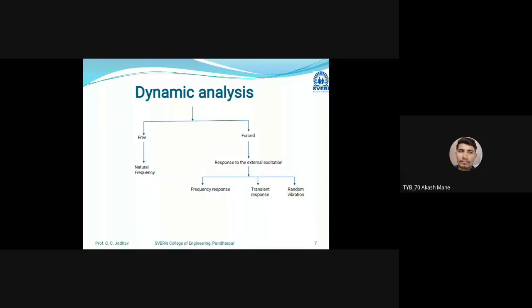Then transient response is a time domain analysis. It involves arbitrary, well-defined excitation, constant acceleration, force at a given frequency, and road excitation. If you want to find the excitation from a vehicle's tire on the road, you might have seen the different roads in a mega city.